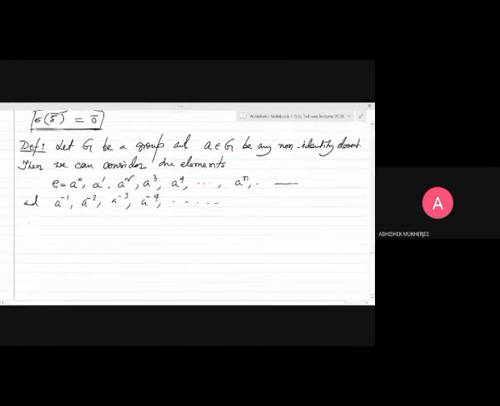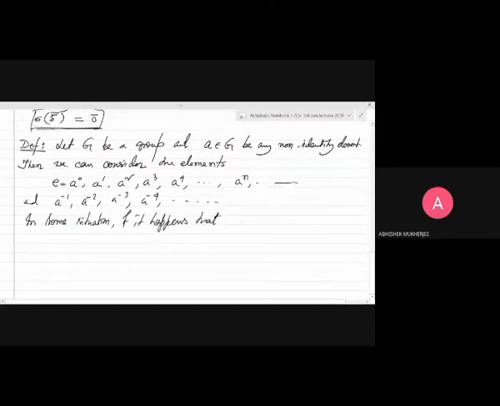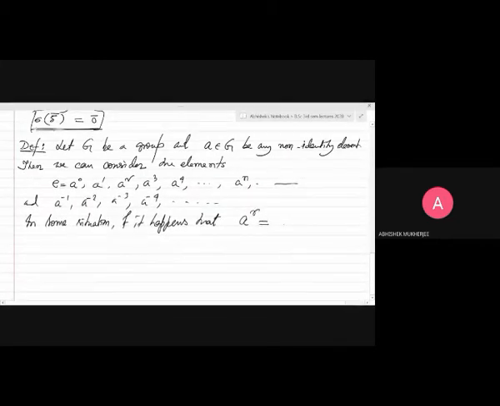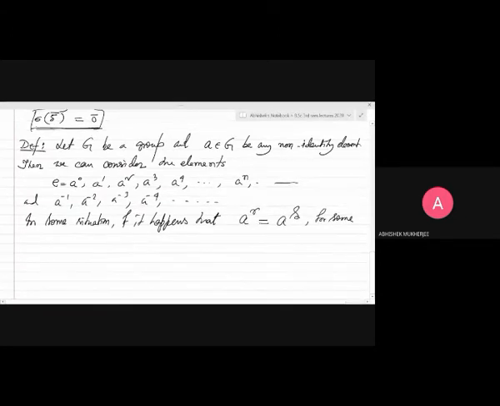Now in some situation, if it happens that a to the power r equals a to the power s for some r, s belongs to Z. So suppose you are just doing the powers of a, and at some moment you find that two different powers give you the same element, then what is going to happen?